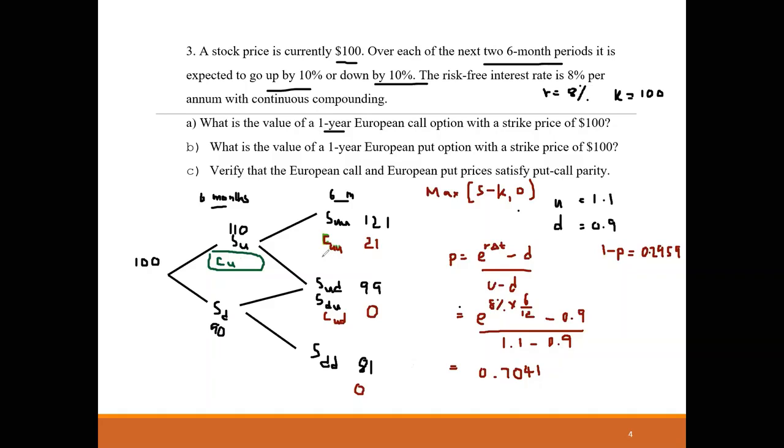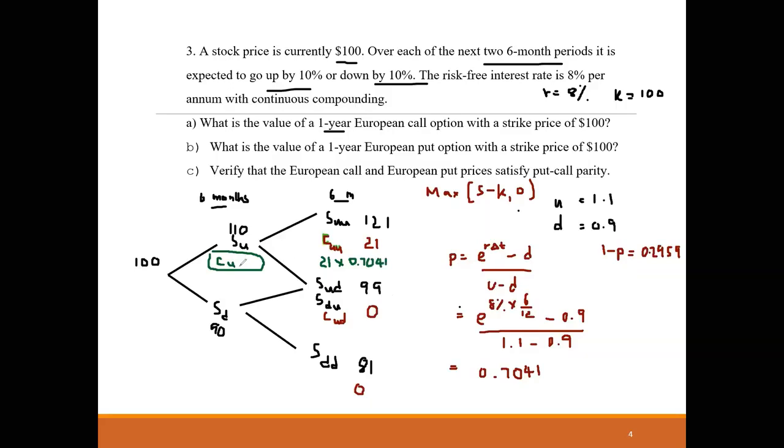If it goes up, the value of the option is 21, but the probability of it going up is only 0.7041. So what you can expect out of this is 21 times 0.7041.